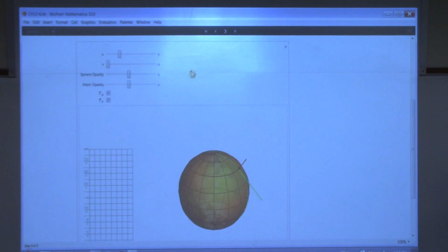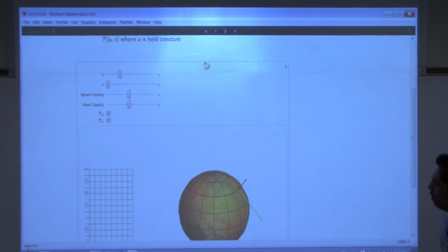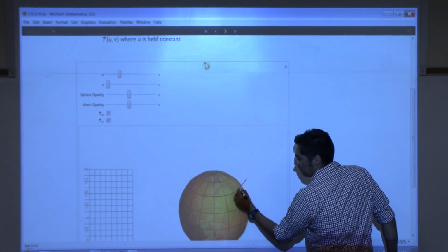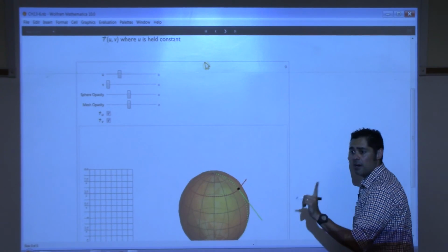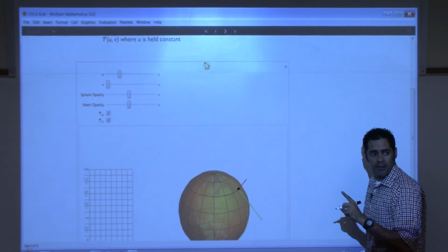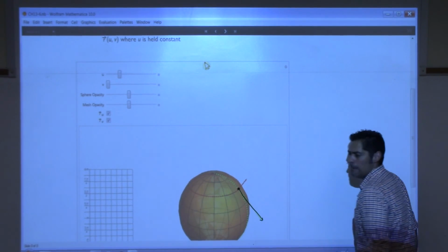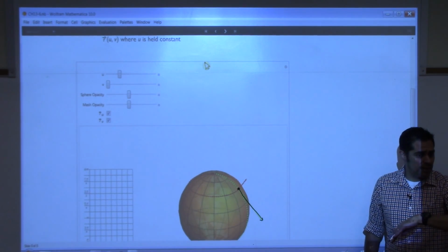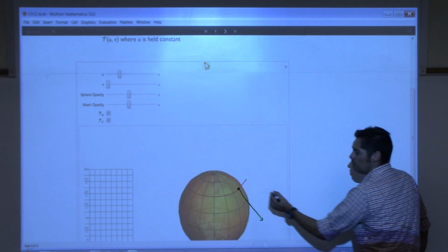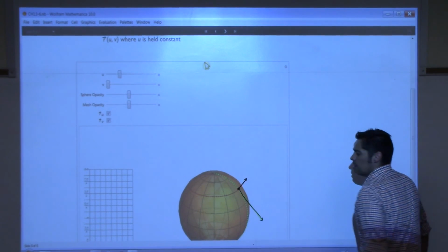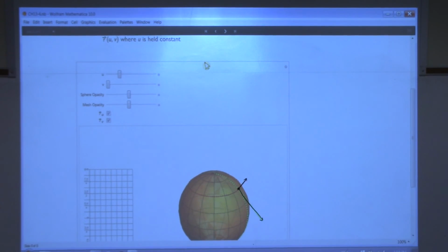So here it is. Here's a point, right? If you hold one variable constant, you're going to get a derivative, and that's going to give you a vector, which would be something like this. If you hold the other variable constant, you get a different vector, which would be the one like this. Each one of those is tangent to the curves respectively, right?